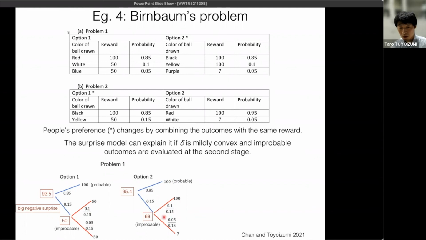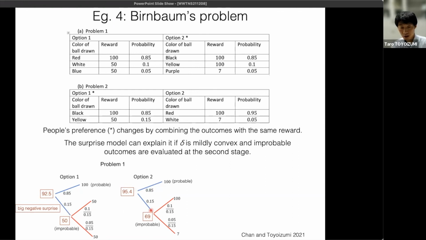By doing this segregation of minor events into second branches, you can separate the same outcome into the first branch and the second branch. And this changes the evaluation of the value. In particular, there is a big negative surprise in option one when considering this improbable outcome.